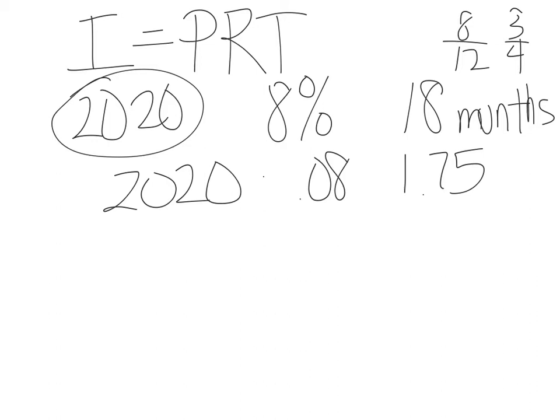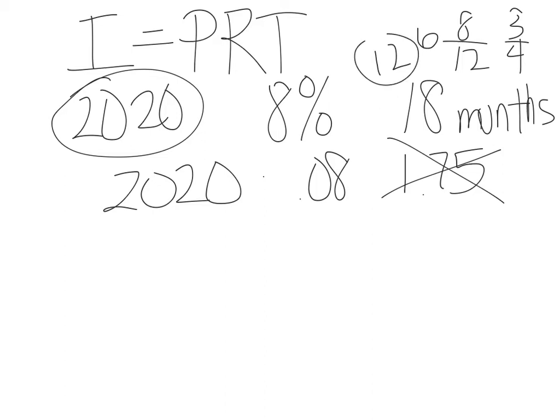What did I do wrong? Let's try that again. Maybe I typed something in wrong. 2020 times... Of course, you're probably yelling at me right now because I can't do math. 18 months is not 1.75, is it? Because that would be 12 months and then another 6.